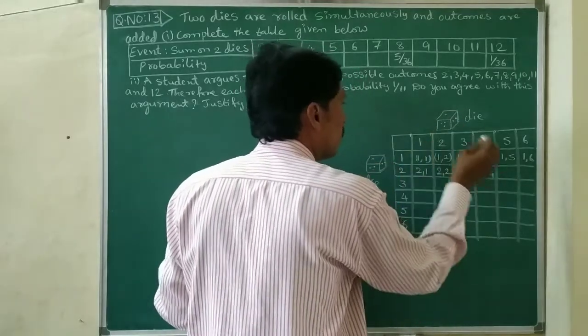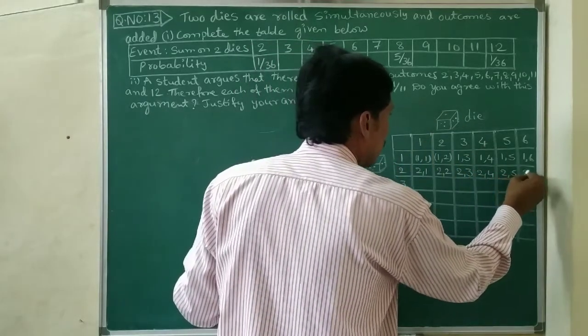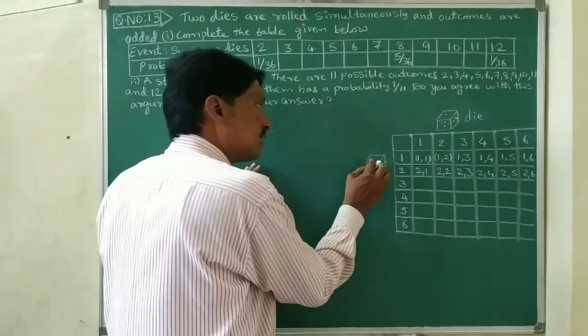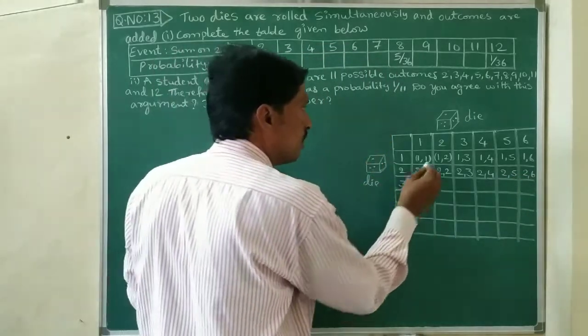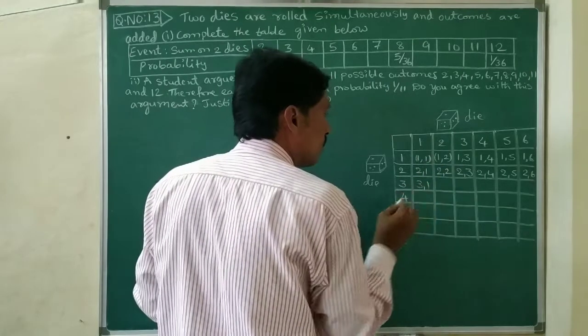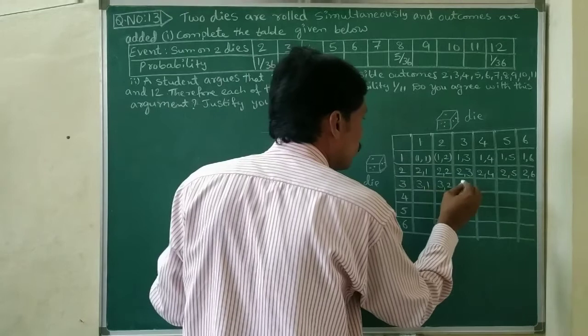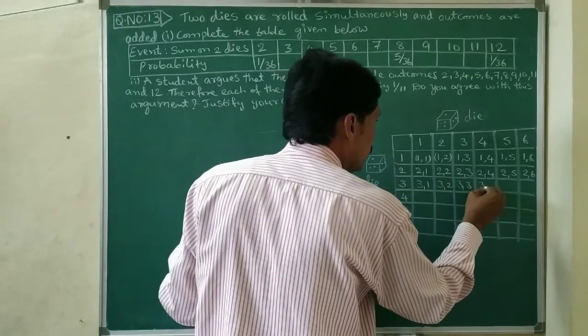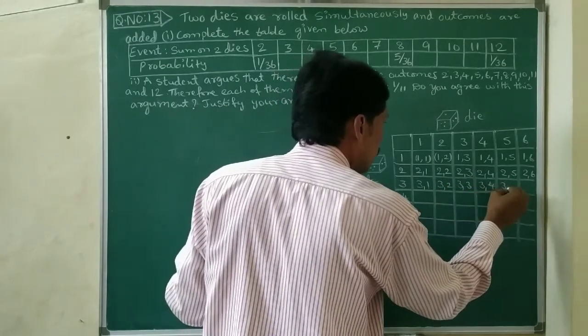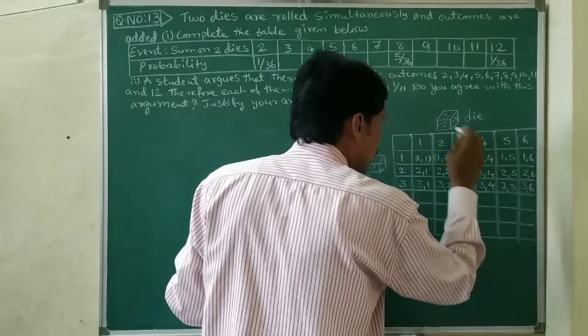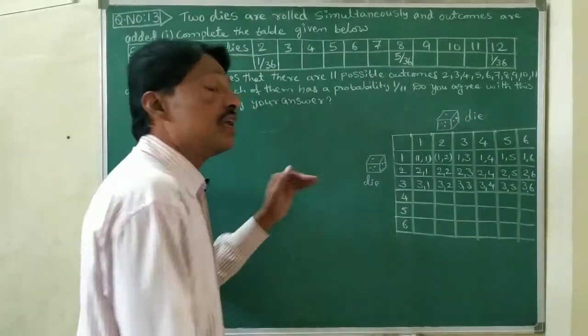Here 2 and here 5, 2 comma 5 and 2 comma 6. Next here on the top face it will be 3, here it will be 1, 3 comma 1. Here now 3 and here it is 2, 3 comma 2, 3 comma 3, 3 comma 4, 3 comma 5 and 3 comma 6. On the top face we are getting here 6.